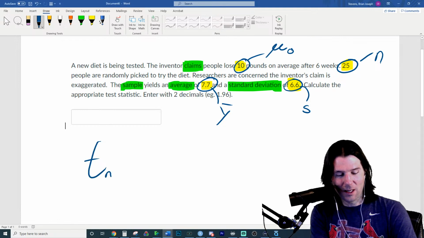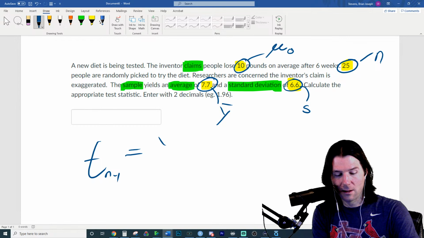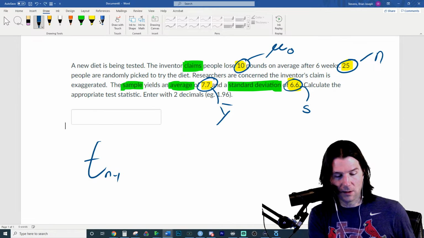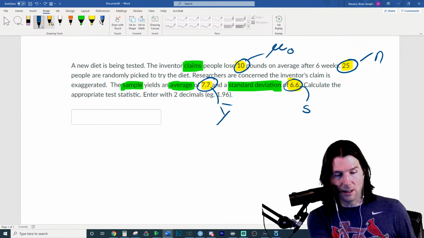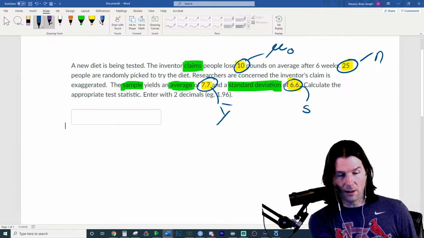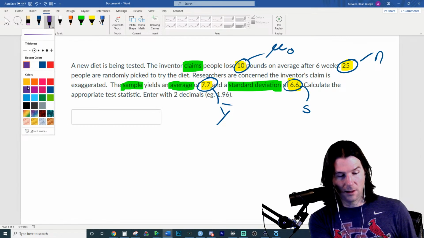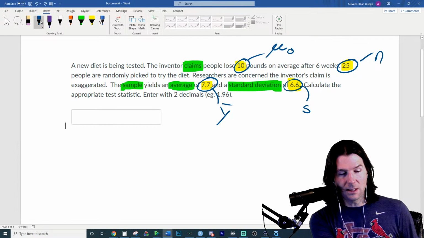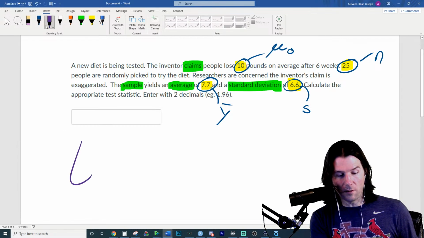A T with n-1 degrees of freedom. No. Say, Brian, don't put a star. This is not a confidence interval. You do not get to pick that T. That is not a T we pick. That is a T that is solved for.